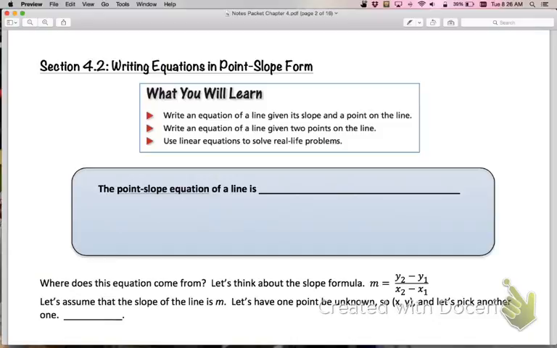So the point slope equation of a line, make sure you add this to your notes, looks like this. It is y minus y1 equals m times the quantity x minus x1. Now here's what's really, really important about this. You'll notice that one y and x have the subnumber 1 on them, and the other y and x don't have one.